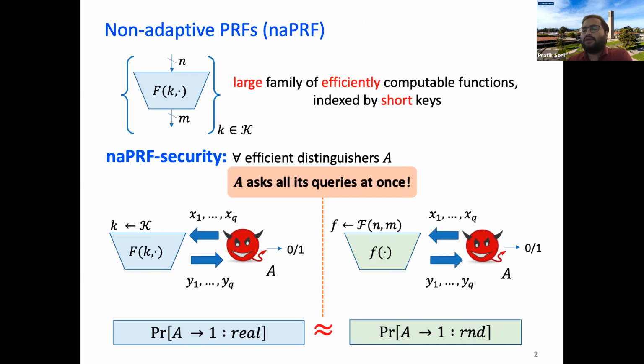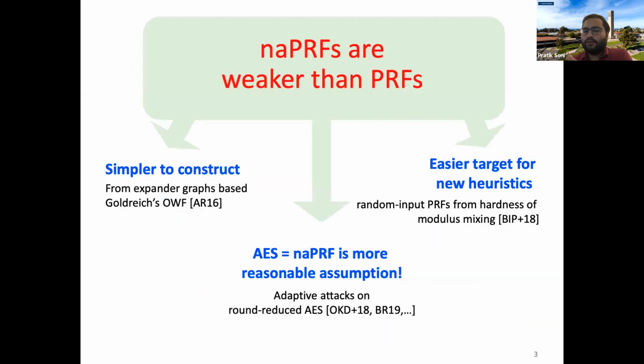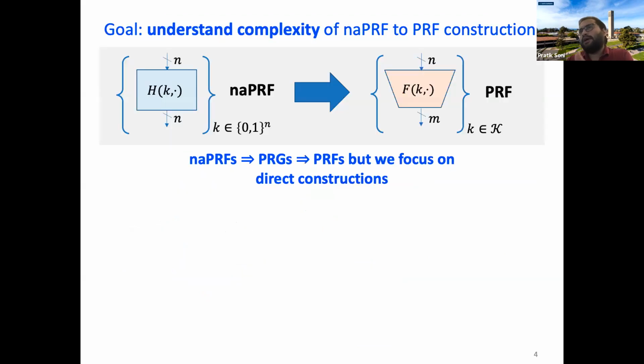Non-adaptive PRFs are a relaxation which expects security only against adversaries that make all their queries at once, or non-adaptively. Non-adaptive PRFs are clearly weaker than PRFs and hence may be simpler and more efficient to construct. Also, it is more reasonable to model AES as a non-adaptive PRF rather than a PRF itself. Now, non-adaptive PRFs do end up implying PRGs, which imply PRFs.